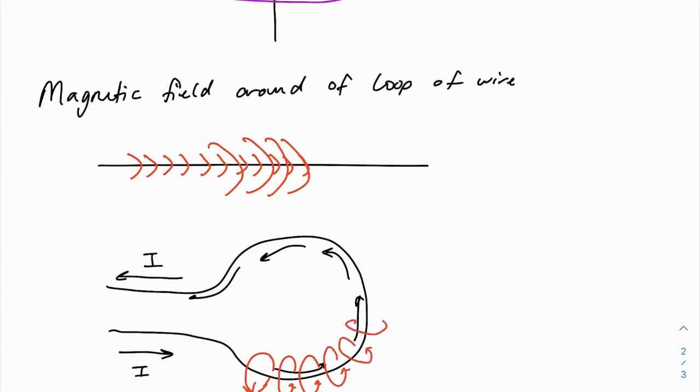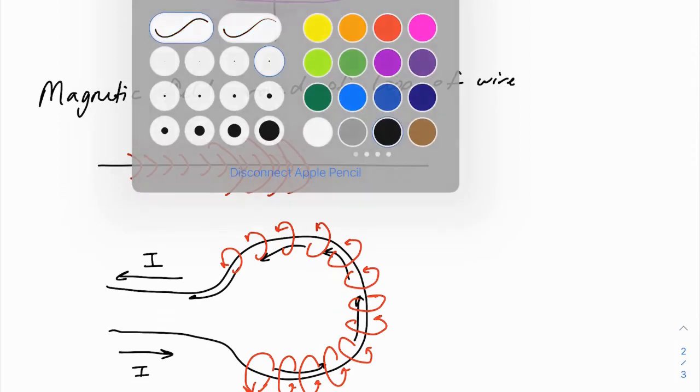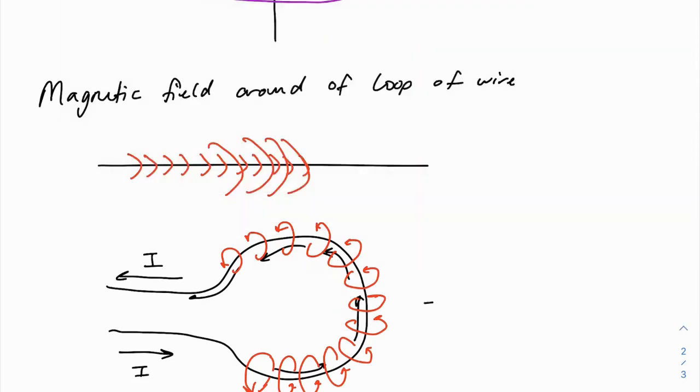Let's see if I can. And you end up getting, inside the loop, a really strong magnetic field. If you could get another kind of visual of this, if I slanted my view a little bit and changed the orientation, you end up getting that the field looks like this around.